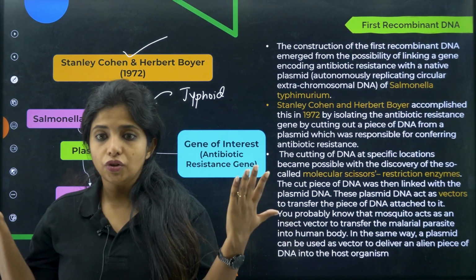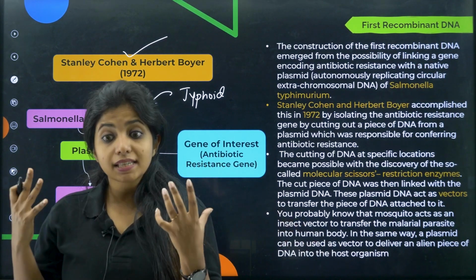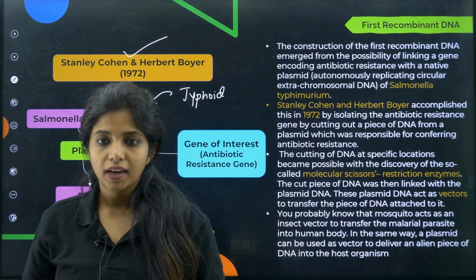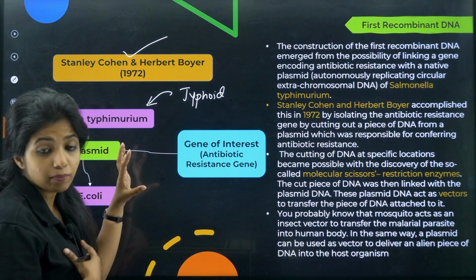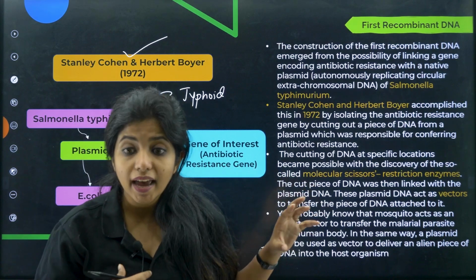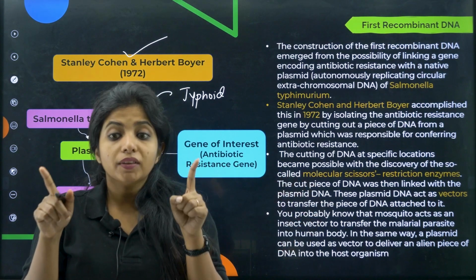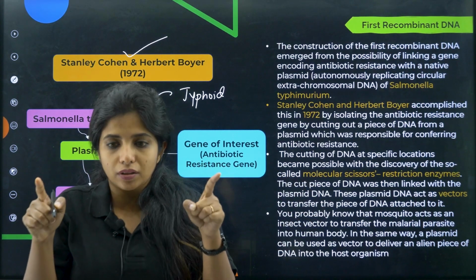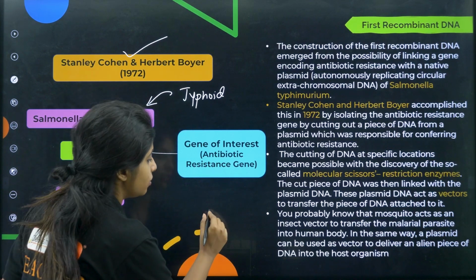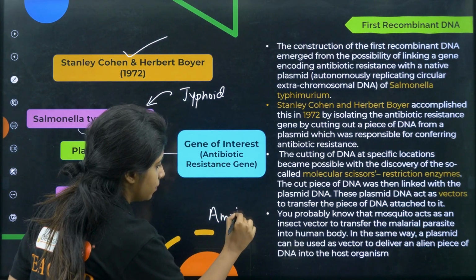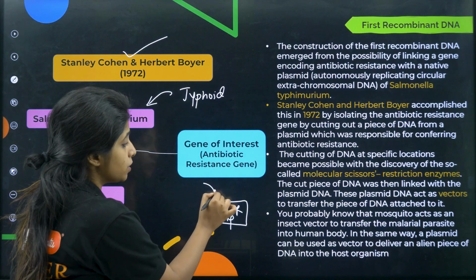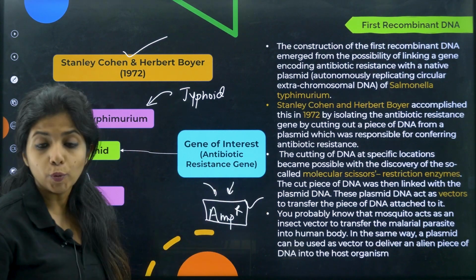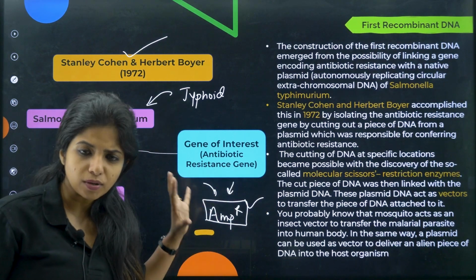But now just imagine that Salmonella has an antibiotic resistant gene for it. Then what will happen? If I am Salmonella typhimurium and I have a gene in me that is an antibiotic resistant gene, for example an ampicillin resistant gene, that means even if you put ampicillin on me, I will be able to survive. So this was the idea.